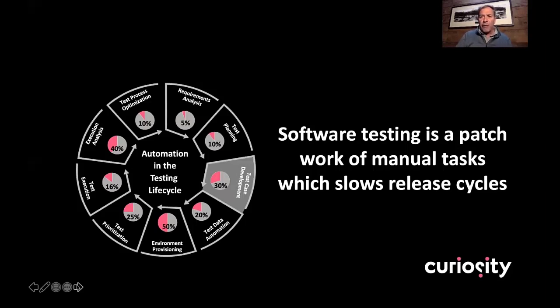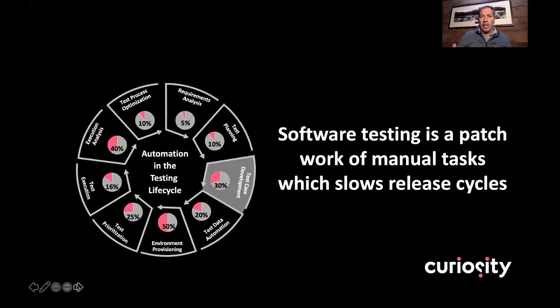So if we look at software testing today and the software automation and the software testing lifecycle, what you'll notice is, even though we talk about automation a lot, software testing is really a patchwork of manual tasks that happen in the minutiae, or the interstitial tasks that happen in order for testing to work, okay?